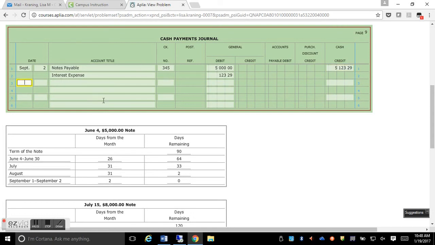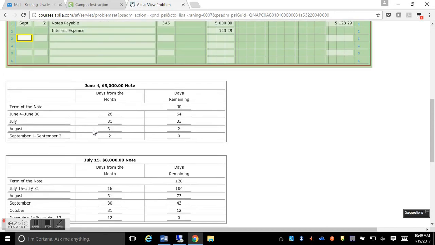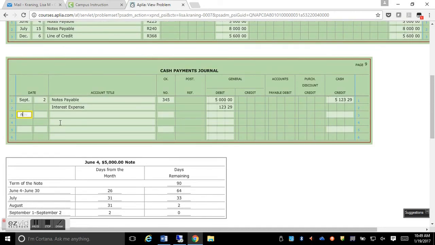Our next one, the date that it ended on was November 12th. Same thing, how much should we take the note out for? Put our check number in at 652.